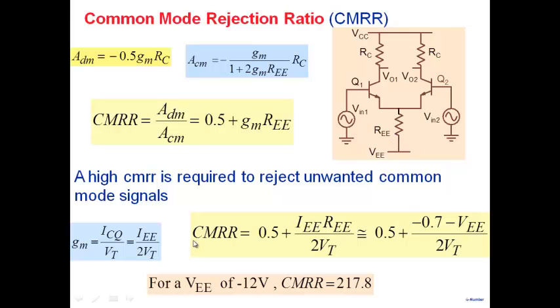Now, if I look at this expression, it is telling you RC is not affecting CMRR. RC is nowhere entering into my expression for CMRR, and RE is what is entering into my expression. So what it is telling you is that maybe we take RE out and replace it with something else. And we'll see that all along what we have been doing is taking resistors out and replacing them by a transistor.